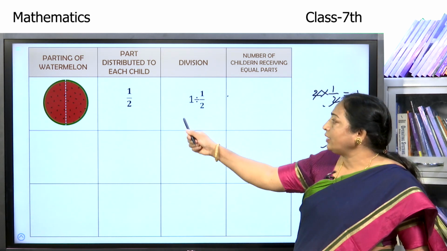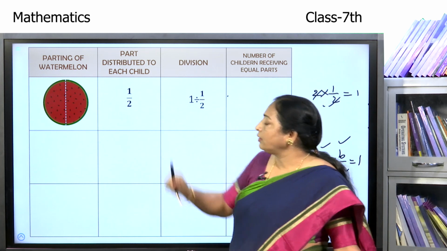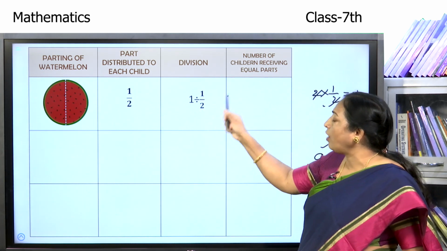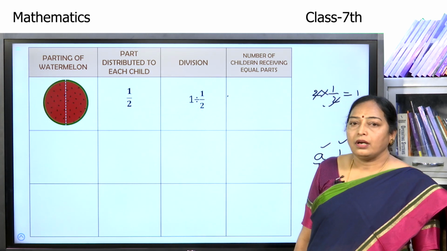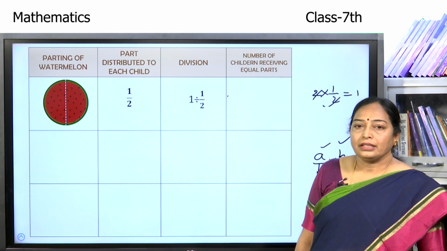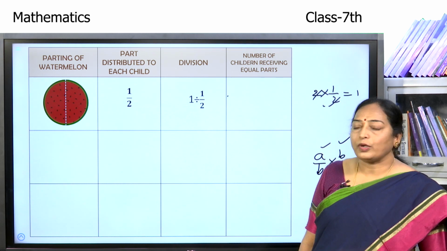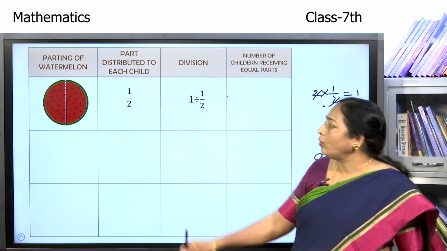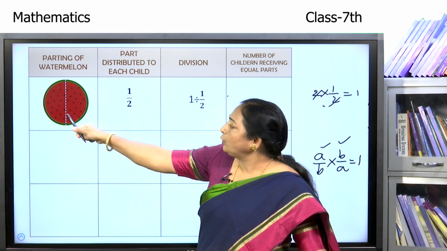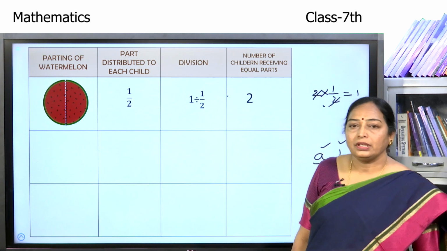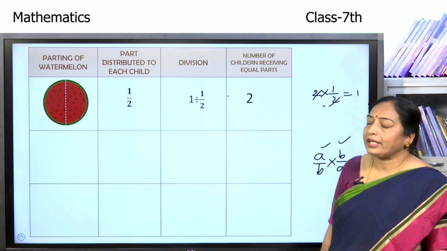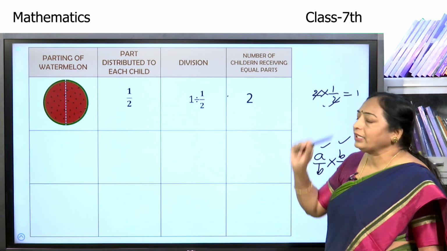Here, the whole watermelon is divided by half. How many children will get half parts equally? 1, 2, 2 halves. Therefore, 2 children will get half parts equally.